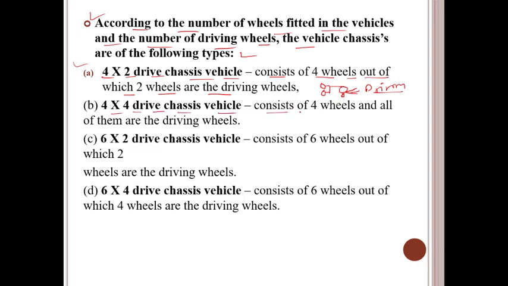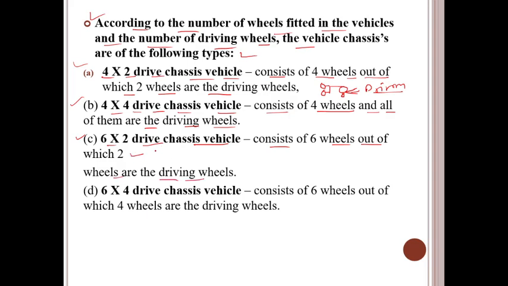It consists of 4 wheels and all of them are driving wheels. This is called the 4 by 4 chassis vehicle. Another, C, is the 6 by 2 drive chassis vehicle. It consists of 6 wheels out of which 2 wheels are the driving wheels.